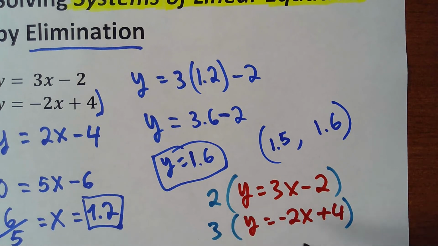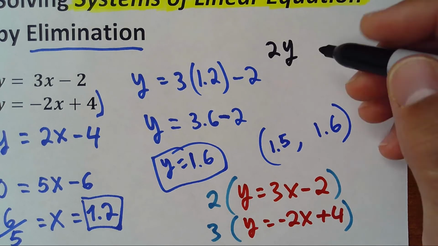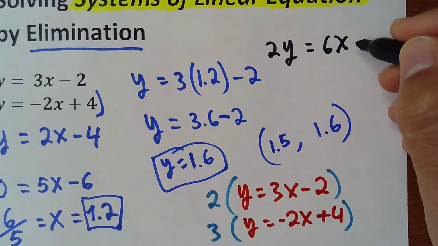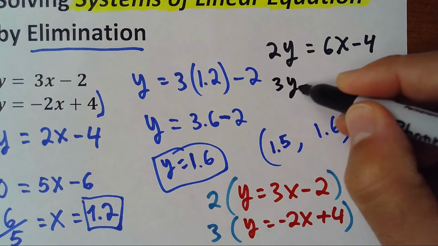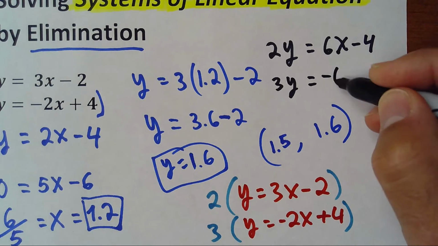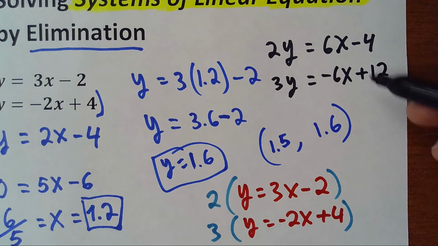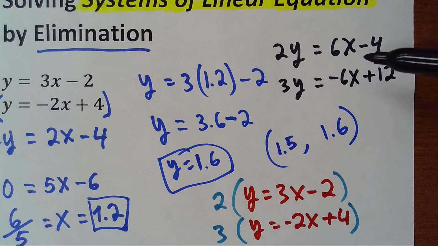On the top we will have 2y equals 6x minus 4, and on the bottom we will have 3y equals negative 6x plus 12. So you see here 6x and minus 6x, when you add those two, that will be a 0.